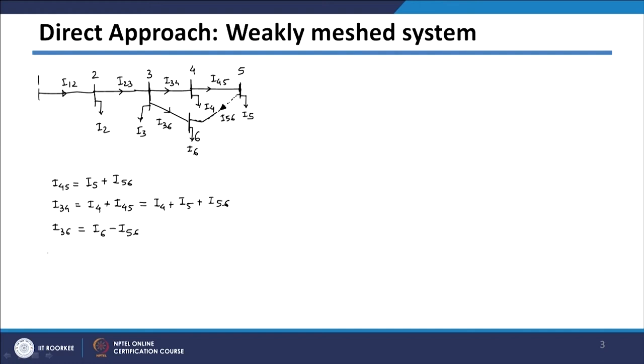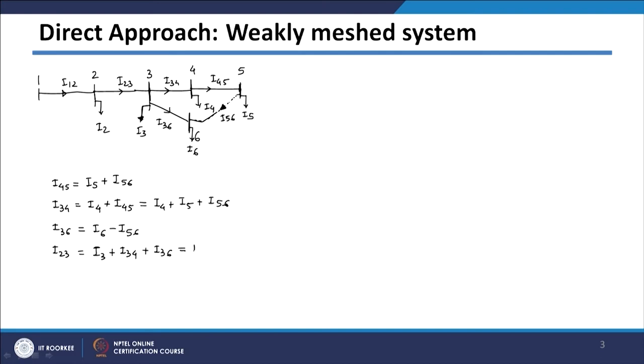Then apply KCL at node 3. I23 will be equal to I3, which is the load current at node number 3, plus I34 which is going out, plus I36 which is also going out.